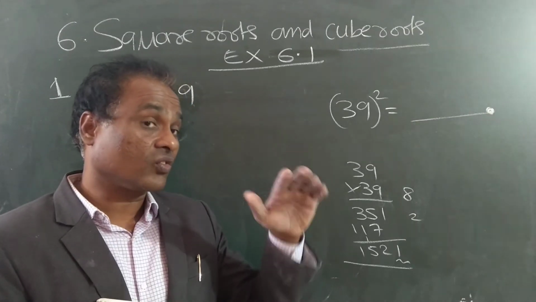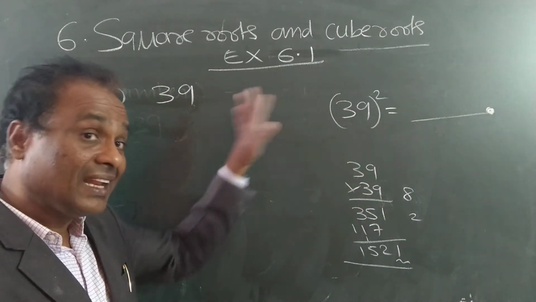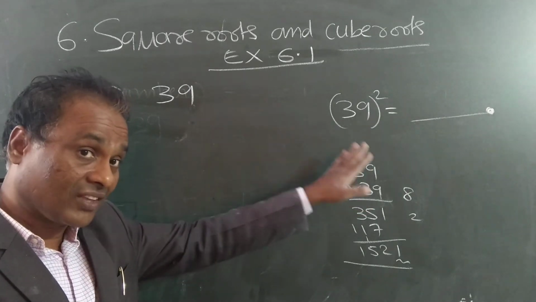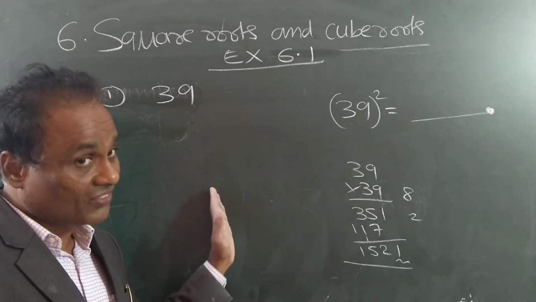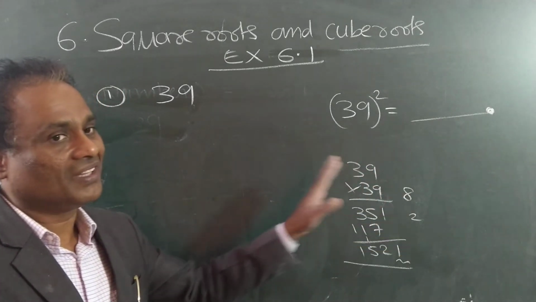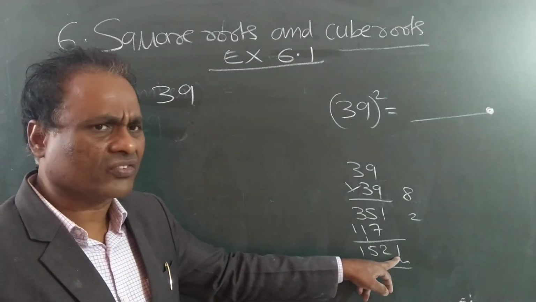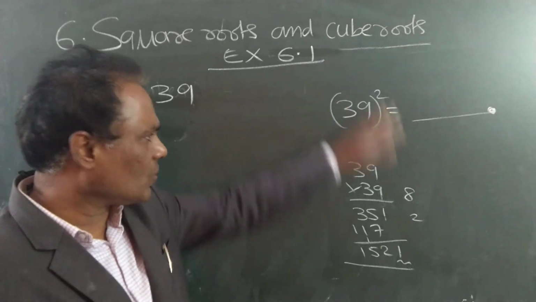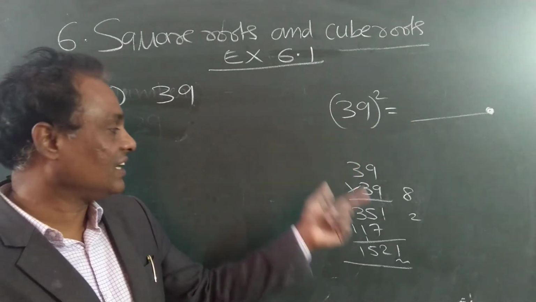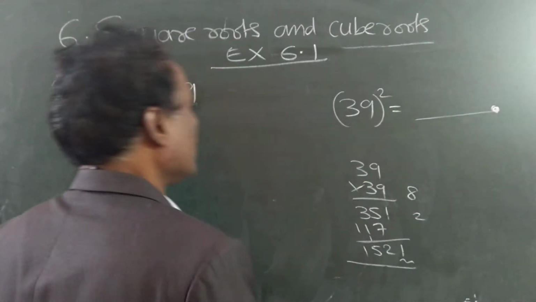Last digit 1, square last digit 1. 2, 4. 3, 9. 4, 16. 5, 25. 6, 36. 7, 49. 8, 64. 9, 81. The answer is not asked, but what is the last digit? Without doing this we can tell, because if the last digit is 9, in its square the last digit will be 1. Directly we can tell. So write down the reason.